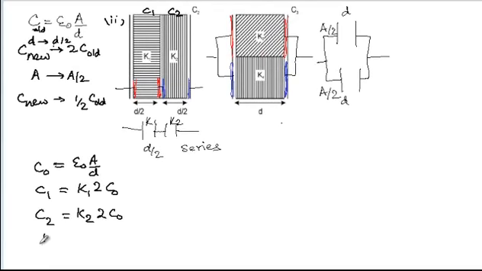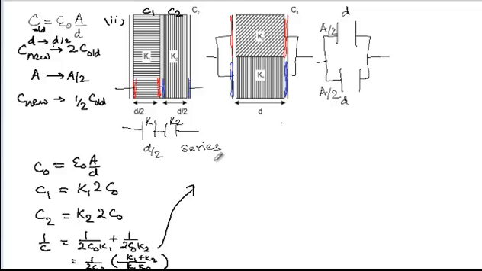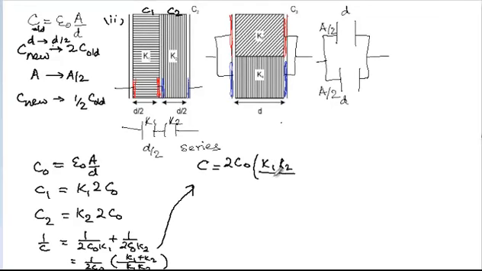So for the total capacitance, 1 by C is 1 over 2 C naught times K1 plus 1 over 2 C naught times K2, which works out to be 1 over 2 C naught, and then we have K1 plus K2 over K1 K2, and this further gives us that C is equal to twice C naught K1 K2 over K1 plus K2.